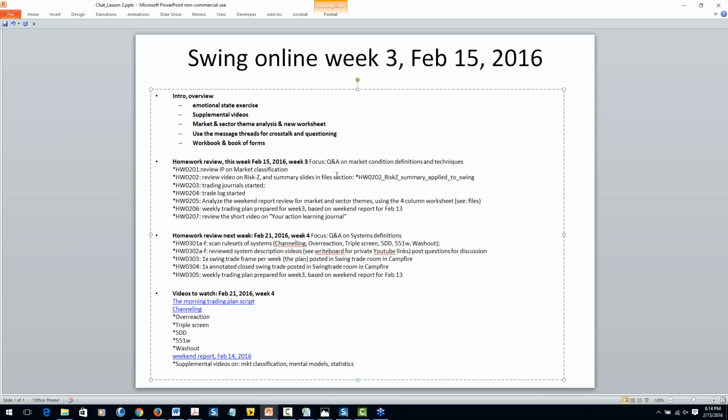And then there's one on useful mental models to start thinking about this top-down approach that I recommend and that I personally use, where I start with the market classification first, move to sectors, and then move to individual stocks if needed, and why that holds together, and what some of the supporting mental models look like for that. And then a short discussion on the standard use of formatting in my reports for statistics and what the basis of that is.